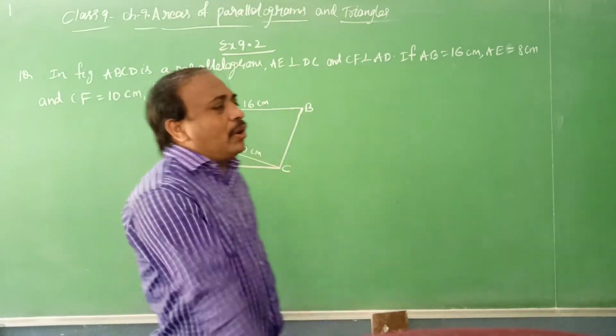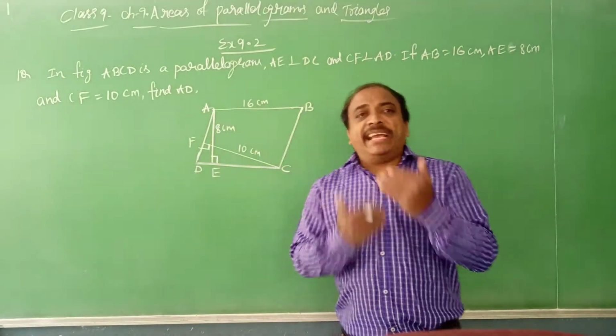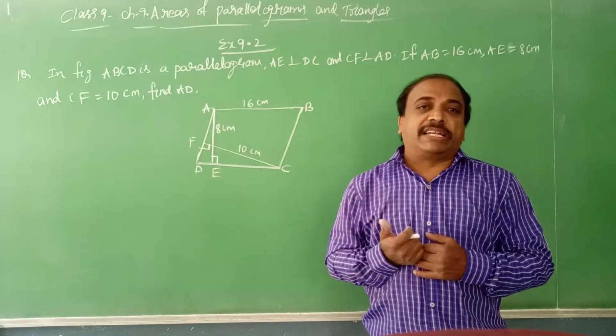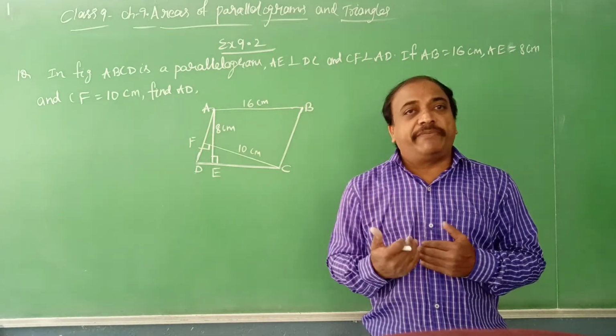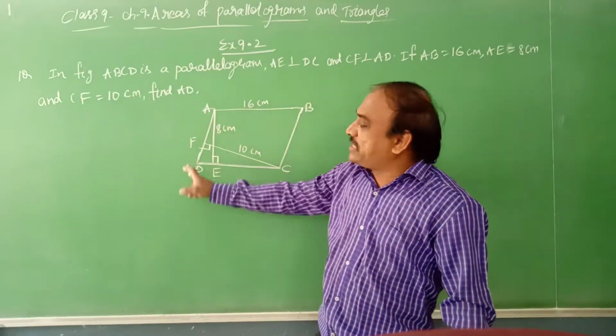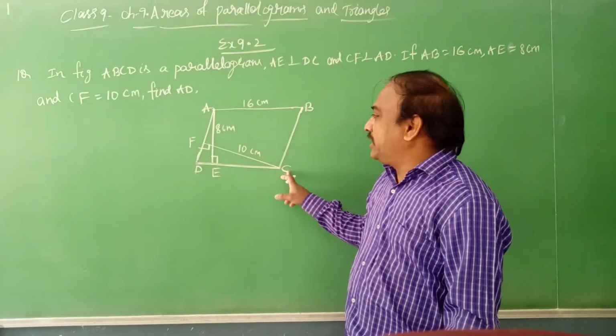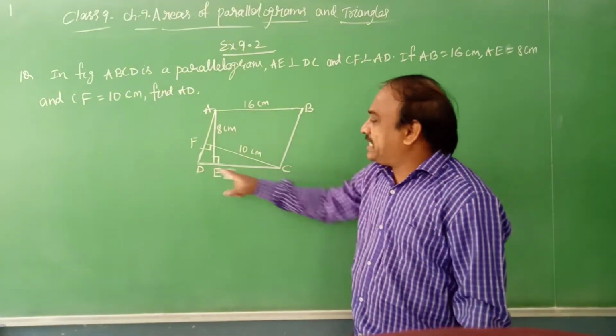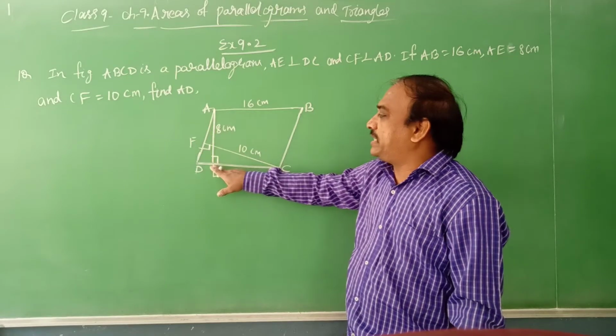So, as we know, when we are considering a base, the altitude must be from the opposite vertex. So if you consider this AD as the base, then the altitude is CF. If you consider DC as the base, the altitude is AE.